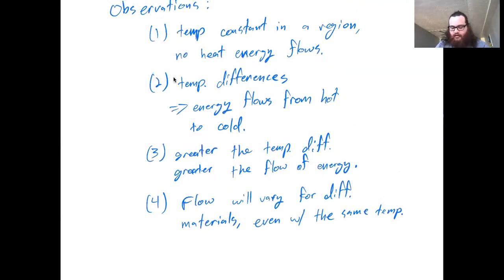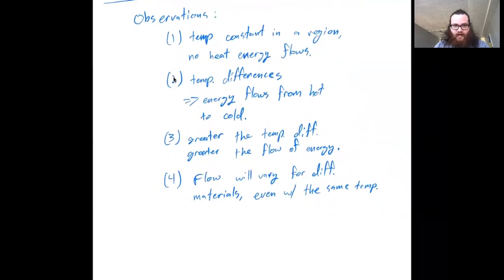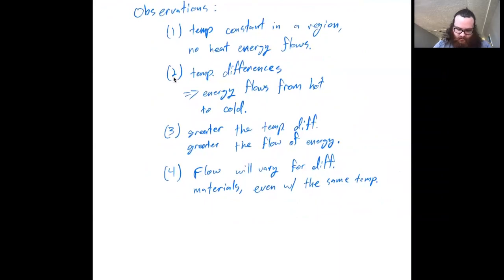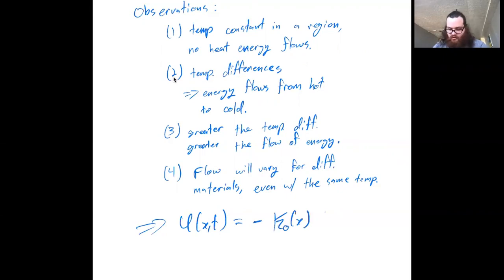But what we'd really like to do is quantify all this. The way we're going to do that is via this law. All of this is talking about how heat flows. Heat flows via flux. Flux is how energy moves. So what this is saying is that the flux is going to be minus some function k0 of x times d dx u of x,t.